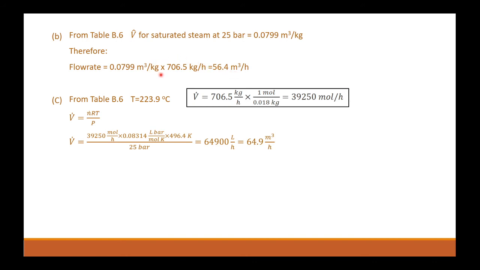So this is just a simple conversion of the units of the steam into meter cube, and we need to use the specific volume for that.